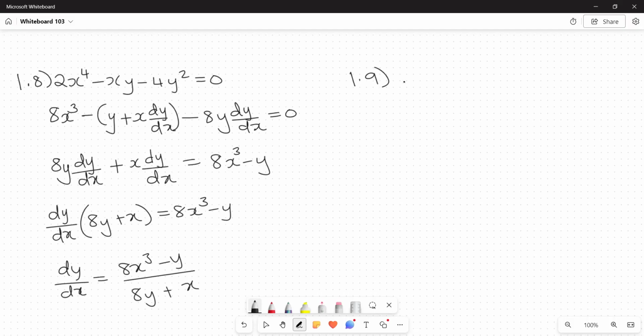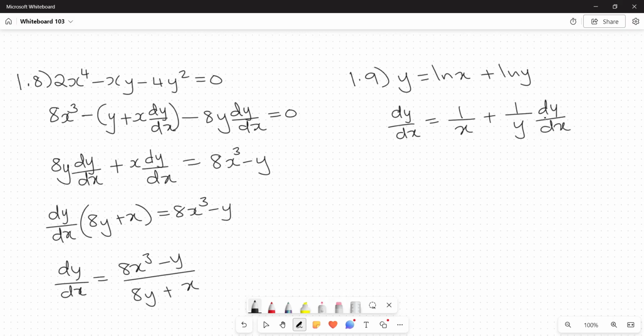1.9, y is equal to ln of x plus ln of y. Okay, the derivative of y is dy/dx. The derivative of ln of x is 1 over x. The derivative of ln of y is 1 over y, and then we multiply by dy/dx.